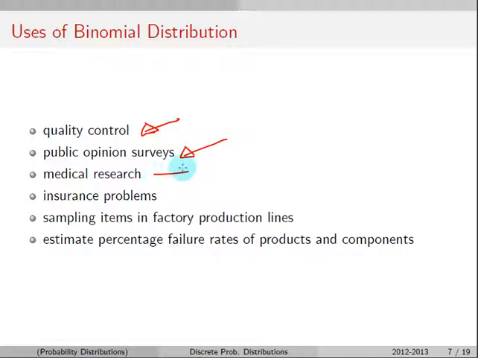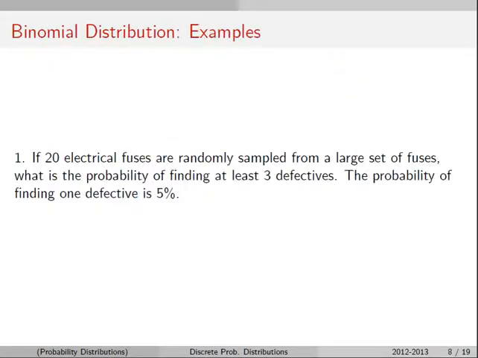Then medical research, insurance problems, whether an individual is risky or not. Sampling items in production lines, once again related to quality control. Estimating failure rates or percentage of failure rates of products and components, once again a quality control related example. So there are several applications of binomial distribution that can be used in real life.